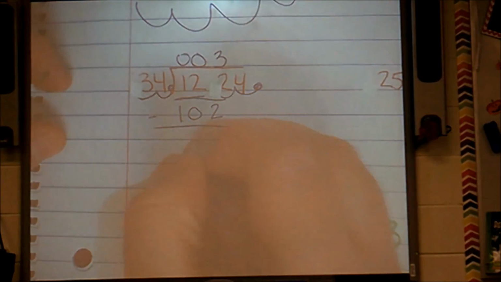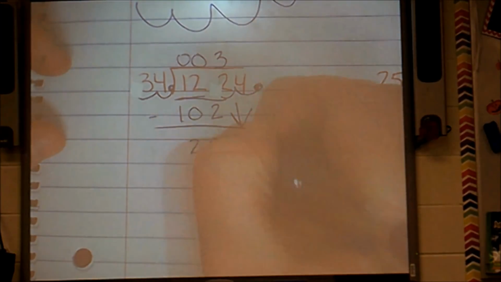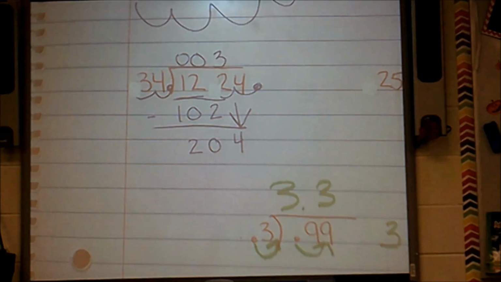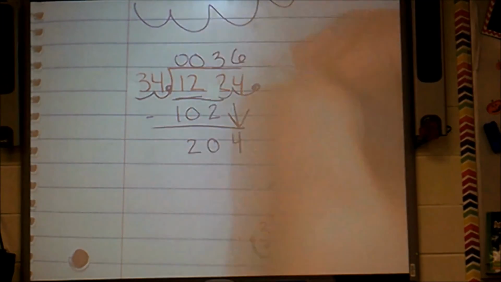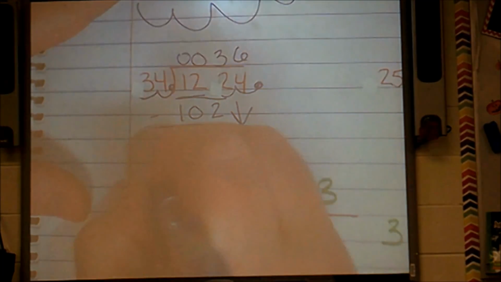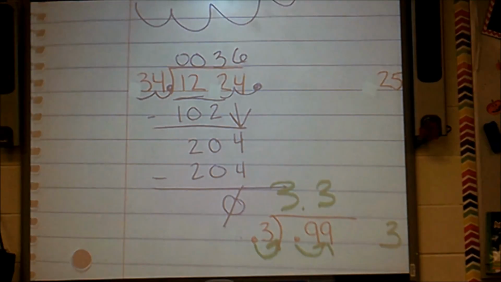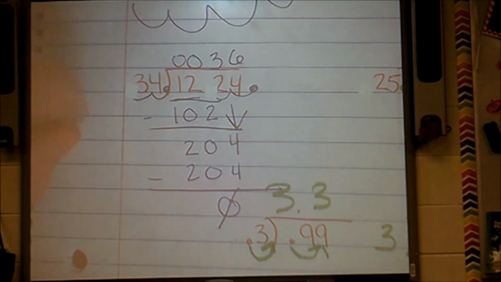I subtract and I get 20. And then I bring down my 4. 204 divided by 34 is 6, which gives me 204, and then I'm done. So my final quotient to this problem is 36.